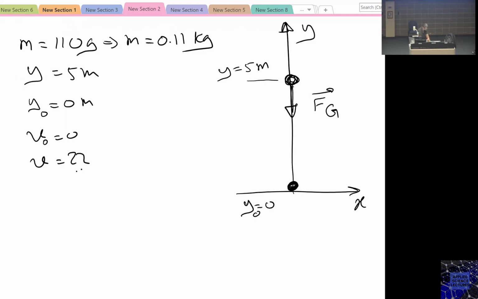So I can say that the displacement is this. This is delta R. This is the displacement. And the gravitational force is pointing in the same direction as the displacement.